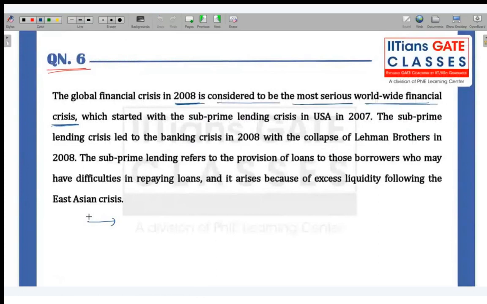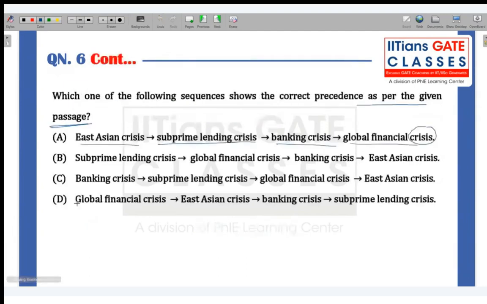In 2008, the global financial crisis happened, which started with the subprime lending crisis in 2007. So 2007 comes first, then 2008. If global financial crisis is first in an option, that option is not going to be correct.